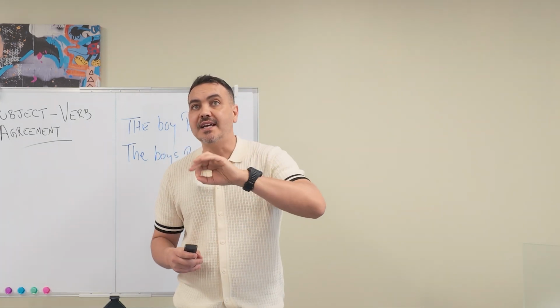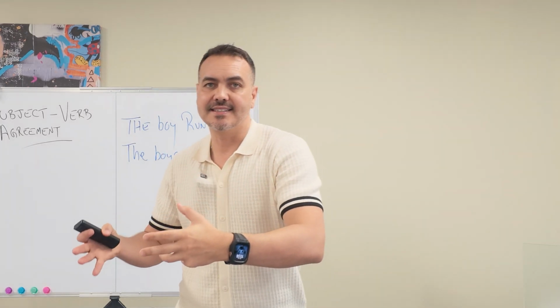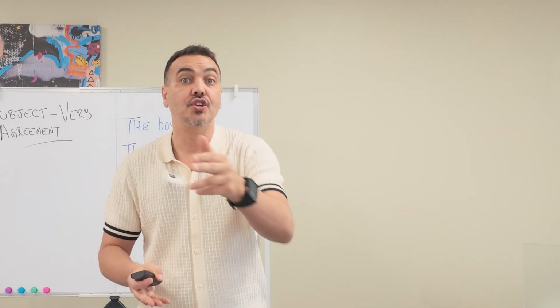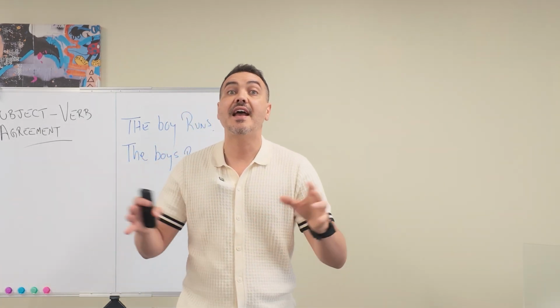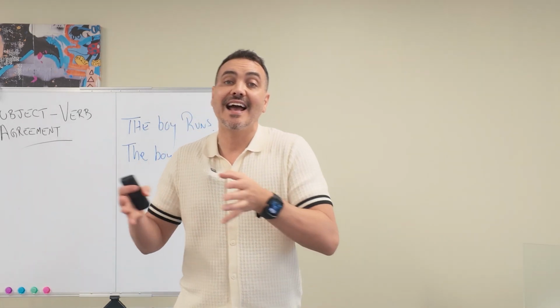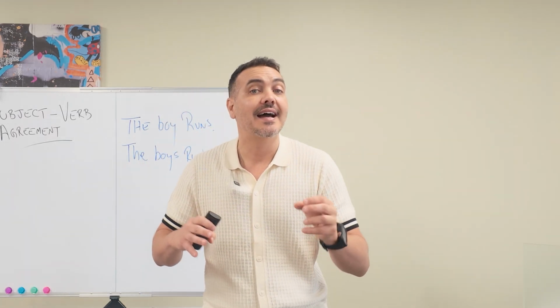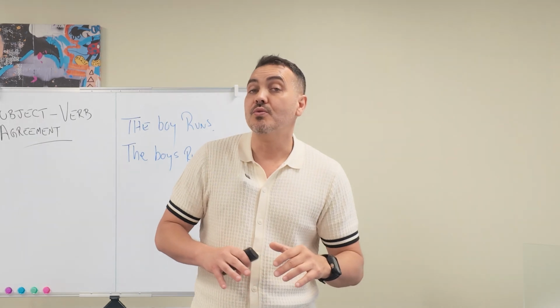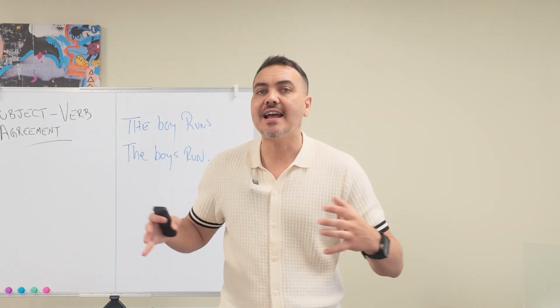With the verb to be, remember, I am, he is, she is, it is, you are, we are, they are. Okay? With the verb to have, remember, he has, she has, it has, I have, you have, we have, they have.